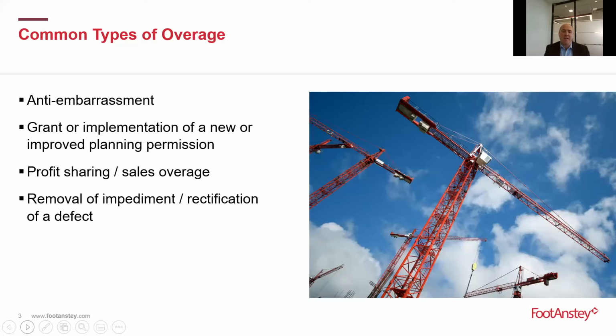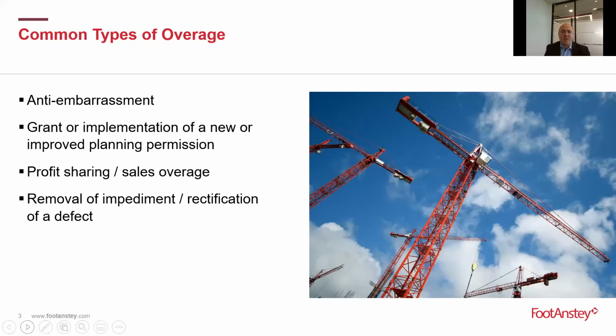Anti-embarrassment overage. So this is the onward sale of a property in its present state, where the seller fears that a buyer may take advantage of a rising market in order to make a quick profit from the land, or indeed that the buyer purchased the land and flips it straight on to another purchaser for a big profit.